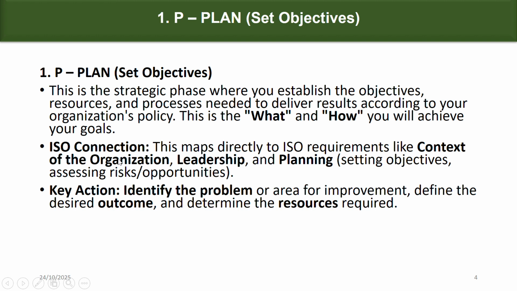In this planning we consider clauses 4.1, 4.2, then clause 5 and clause 6. Key actions: setting objectives, assessing risks and opportunities, identifying the problems or areas for improvement, defining the desired outcomes and determining the resources required. What resources will we need?